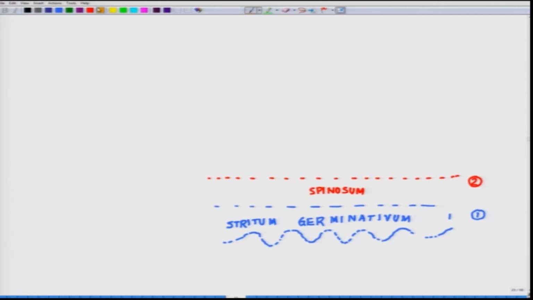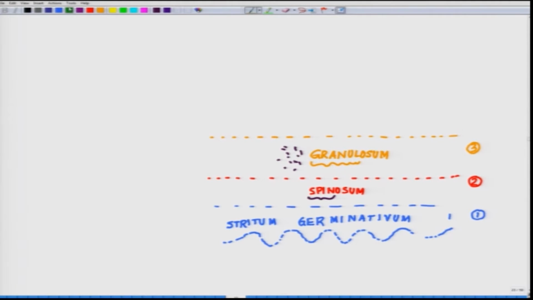The next, third layer is called stratum granulosum. Whenever we use the word granule, it means there are some kind of granules present there. This is how you can remember: spine, some kind of spiny structure. So this is the third layer.